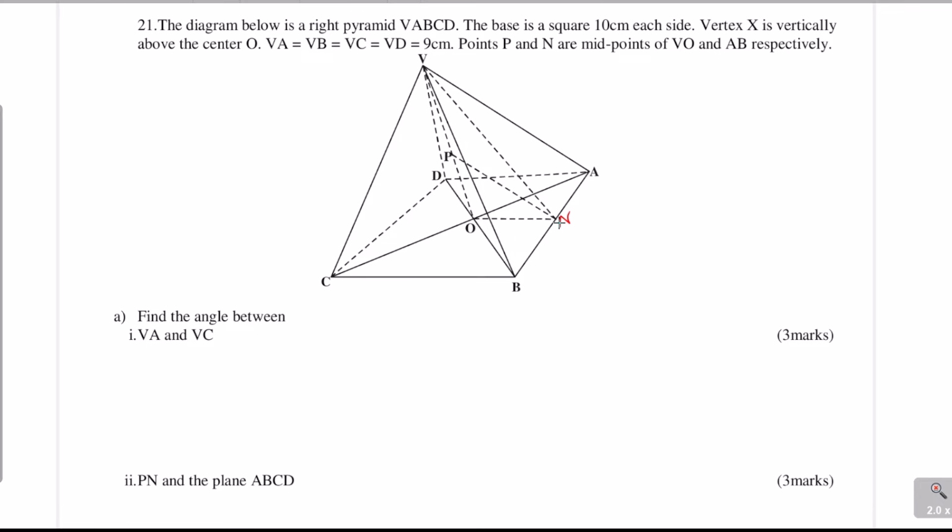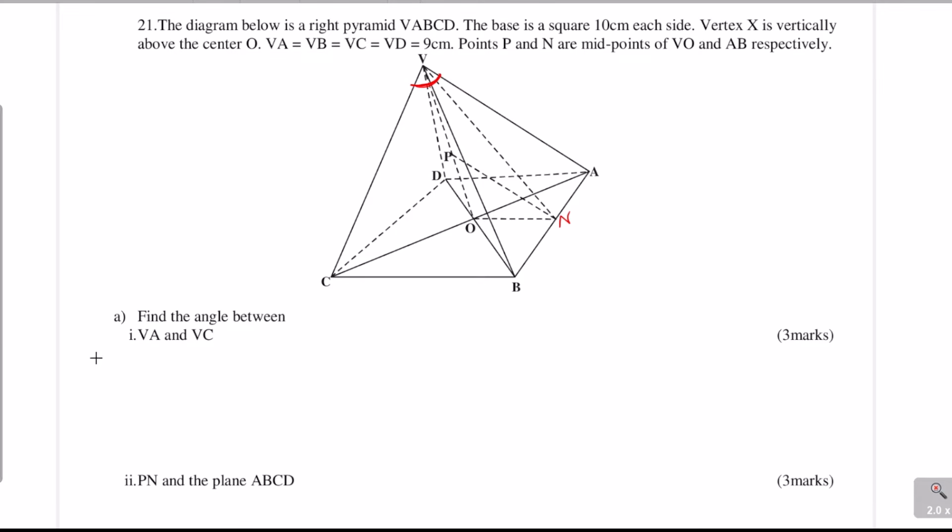That is the angle between a line and a line. So we go to the diagram and see lines VA and VC. The angle that we need is this angle between here.